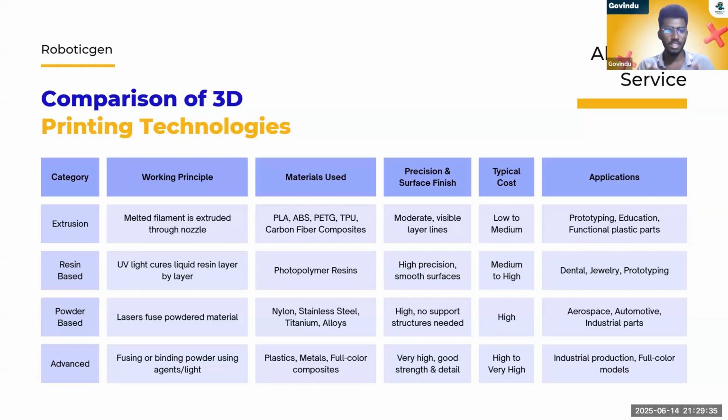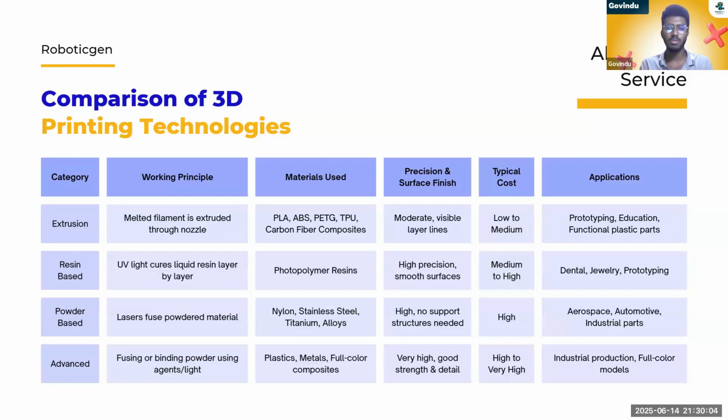As you know, we cannot go to powder based and advanced 3D printing. It's very costly, and it is hard to find in Sri Lanka also. And when you are building a prototype, we don't need to go to that. So what matters is the surface and the precision.